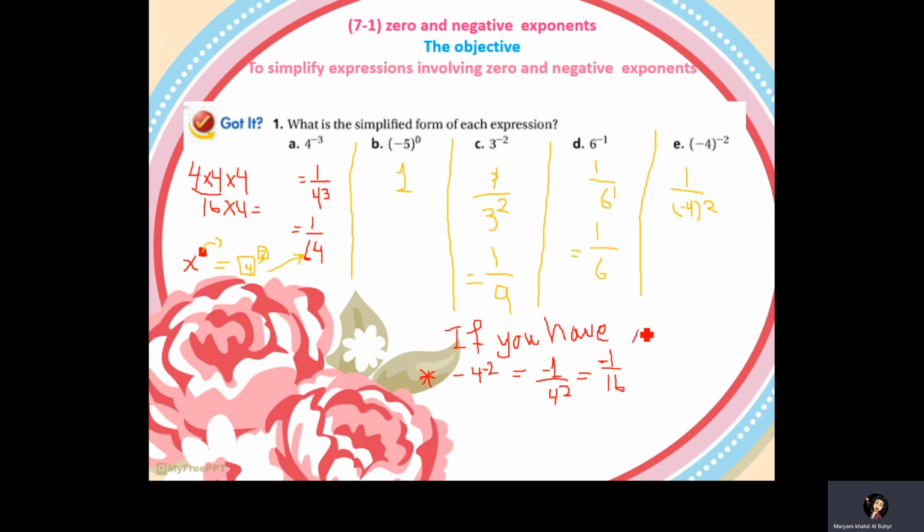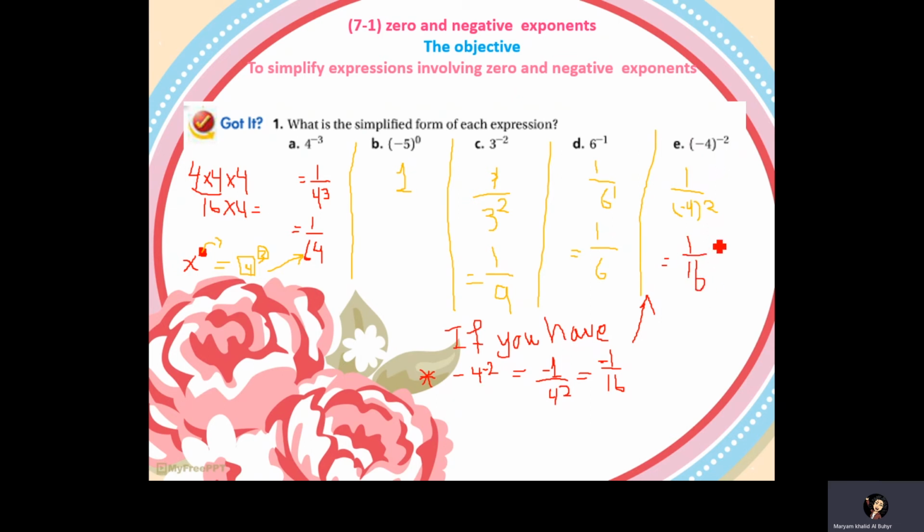Keep in your mind, it's different from this one, because there is parenthesis. If there is parenthesis, that means the power applies to everything inside. But if you don't have parenthesis, the power is only for the number that it is on. So that is equal to 1 over 16.